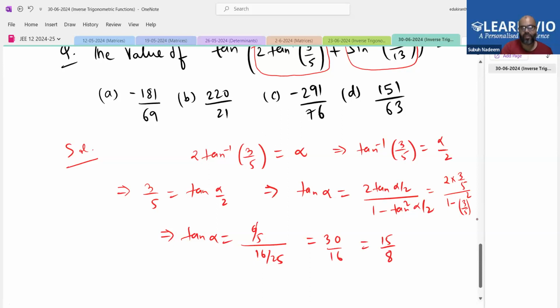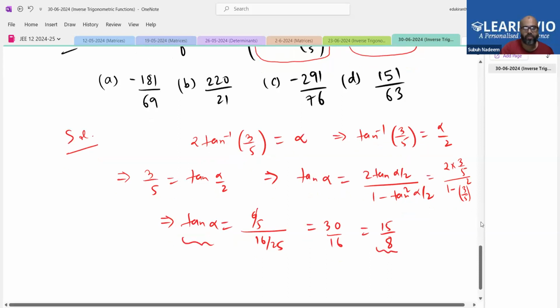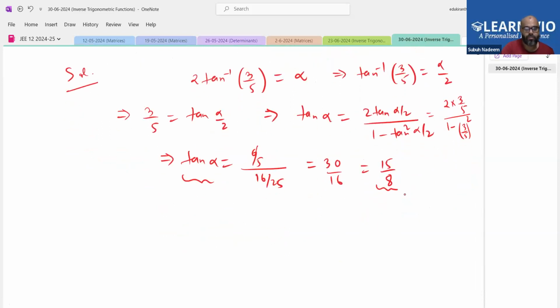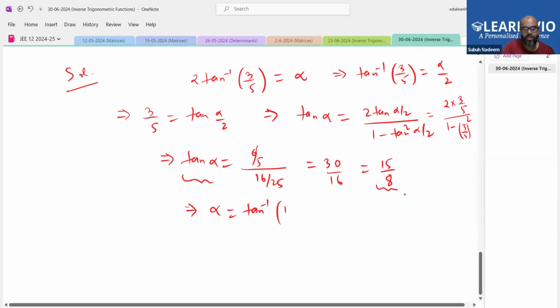So why have we done this? Because we have got tan alpha is equal to 15 by 8, which means alpha is equal to tan inverse 15 by 8.